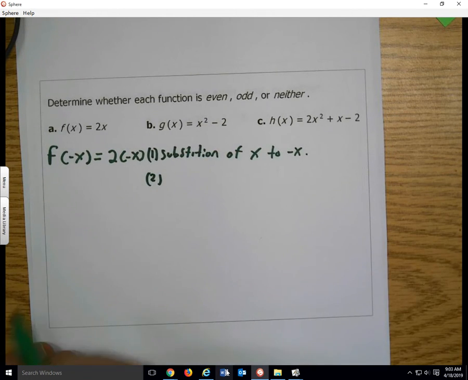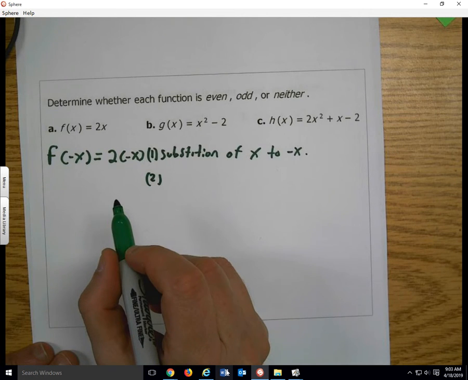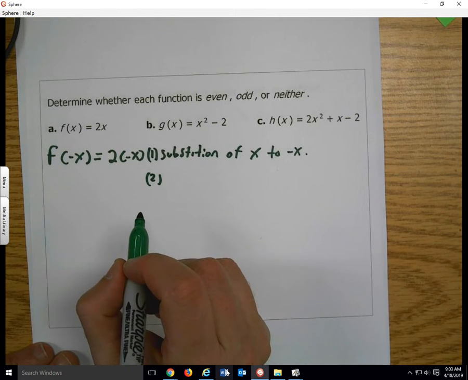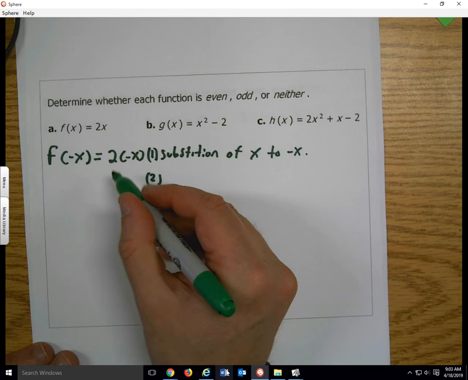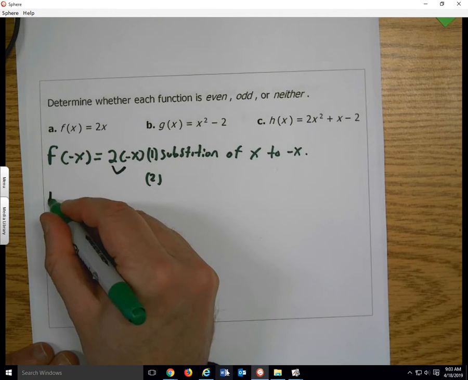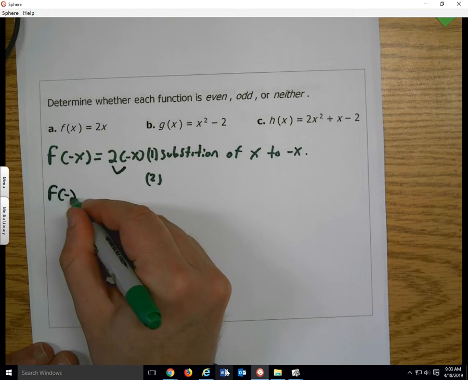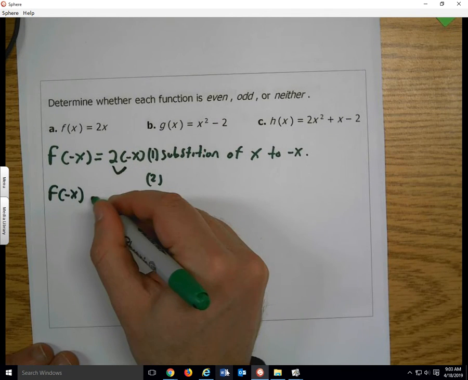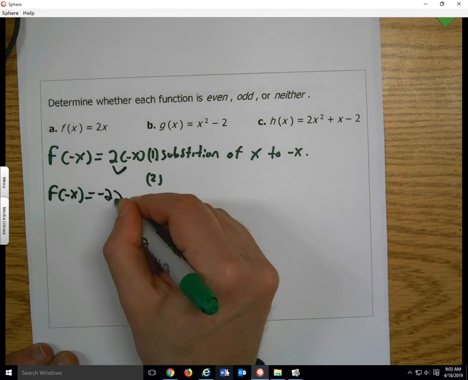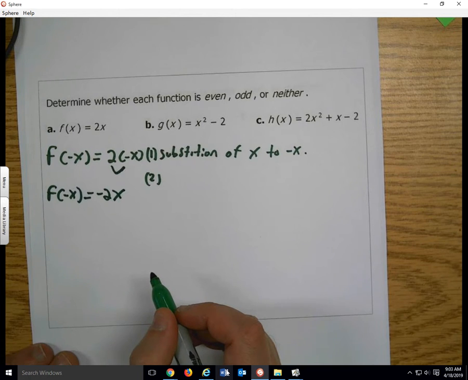The next step would be to go ahead and simplify this. So you'd have f of negative x. If you were to multiply that, it equals a negative 2x. And then the last step is to do substitution.